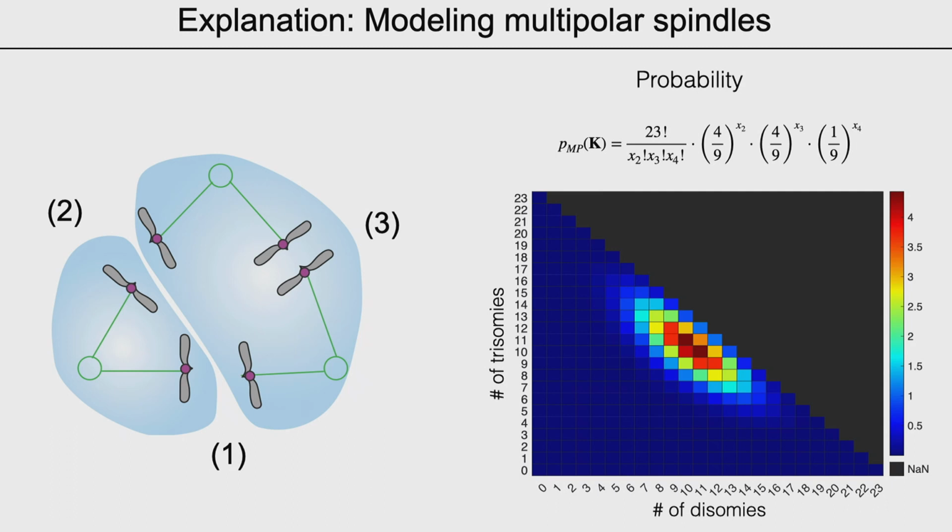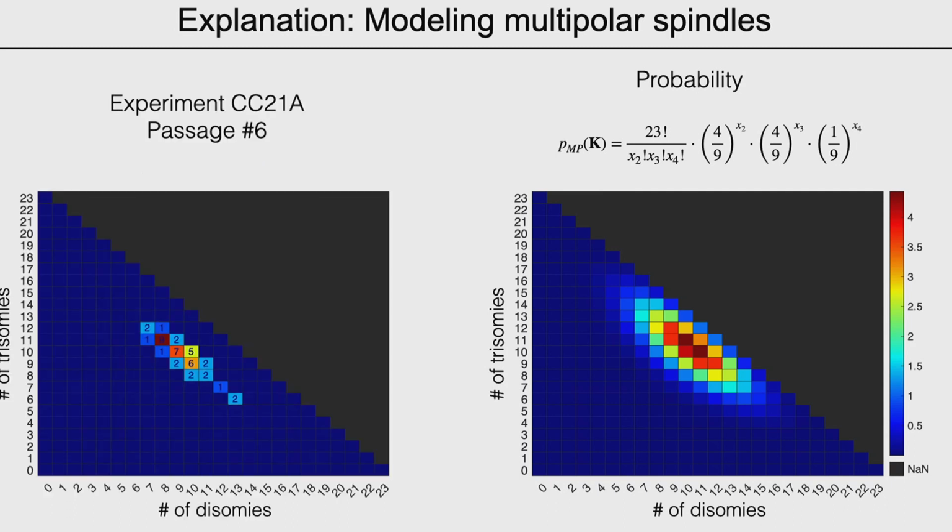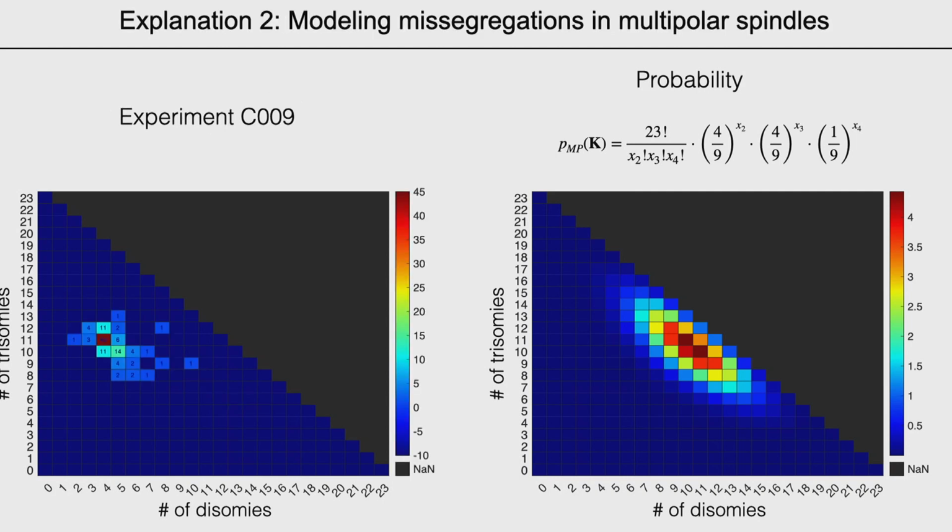And what is nice here is that if we compare this to the experiments that I have shown before, when I was discussing this transition from this point to this point, this cloud and this cloud are pretty close to each other. And this is the other experiment where the cells are also somewhere here.